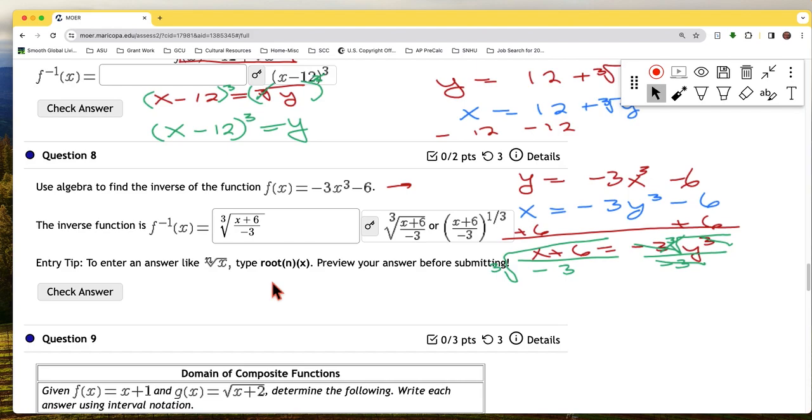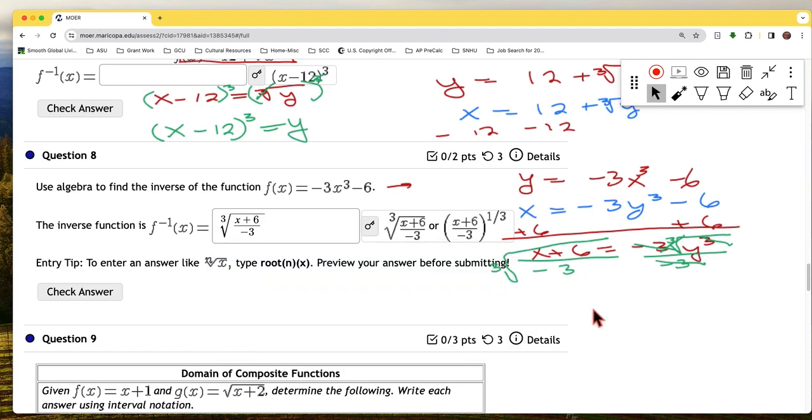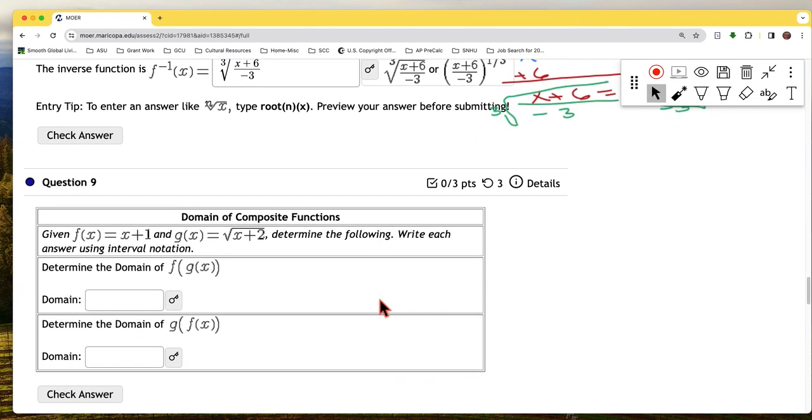And that's how we would enter it. That's how I use the little tools. And you can type this in, but there are sort of two ways, more like programming or coding, or just use their functions. We've got all these different basic things that take care of it for you. All right, question 8. Now let's go on to 9.